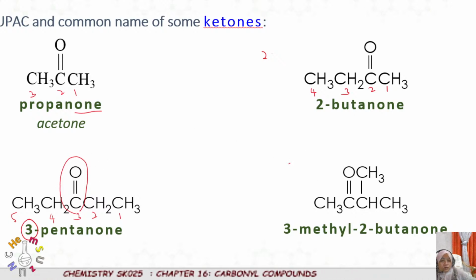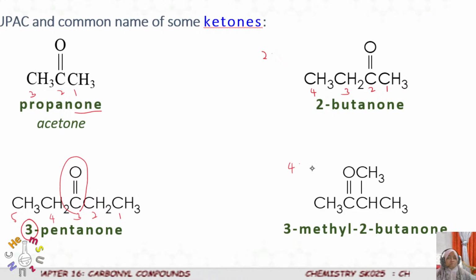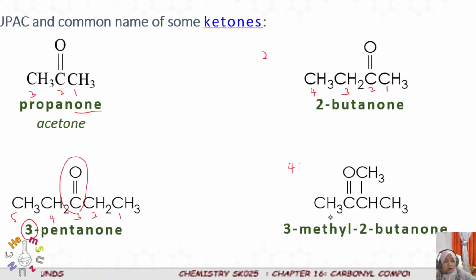If we look at example number 4, we have CH3, C double bond O, CH, and at the CH we have a methyl group. We number from the left side. This is carbon 1, carbon 2, carbon 3, carbon 4.